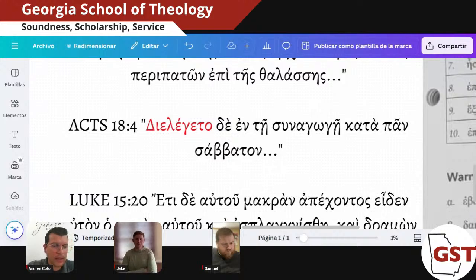So I want to see another example here in Acts 18:4. Would you like to read it? Same thing, one in English and the other in Greek. I'll take the Greek.